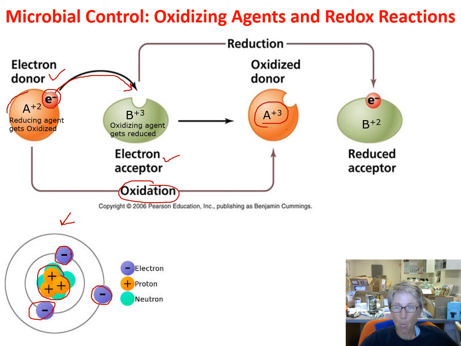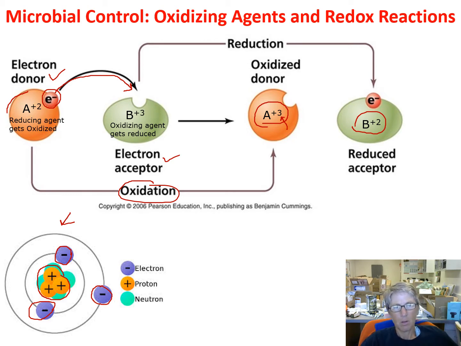That means it got more positive. That means it went from a +2 to a +3 charge. The green molecule, on the other hand, B+3, has a +3 charge on it. It took an electron on, so it became more negative, and it's just one electron, so it went from a B+3 to a B+2.